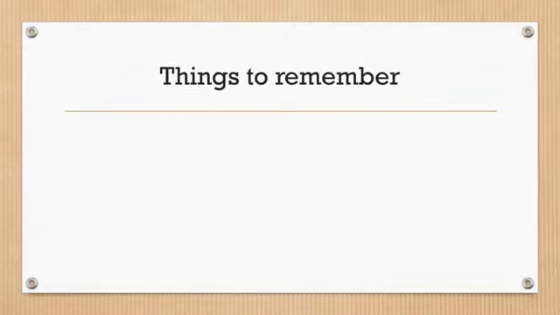These are the things that you have to remember when solving sum and difference of cubes. We have to identify which numbers are perfect cubes. By the way, what is a perfect cube?